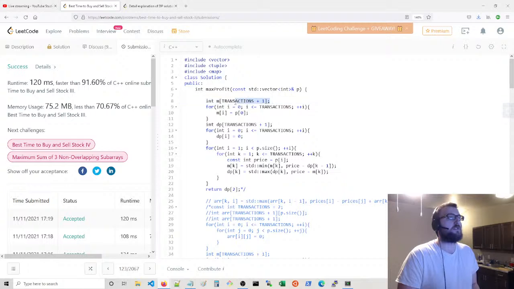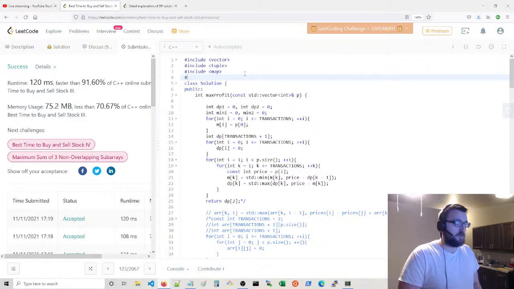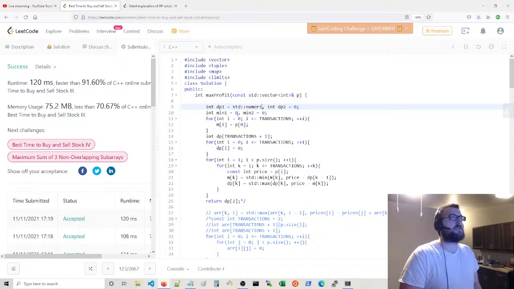So we could do like min1, min2. We start off at 0, and then dp1, dp2. And you would have limits here, I think, numeric limits, int max.